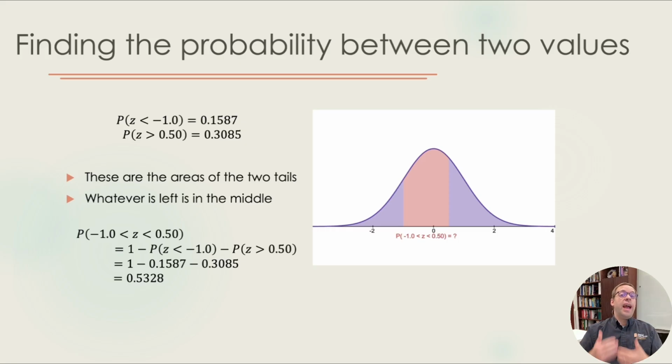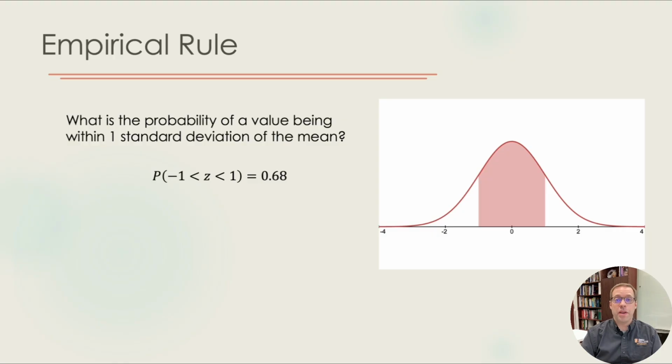Now, we have enough information now to go back to a previous concept that we talked about back in lesson 7 on standard deviations. That concept was the empirical rule. And we said, well, the probability of a value being within one standard deviation of the mean is 68%. Where did that come from?